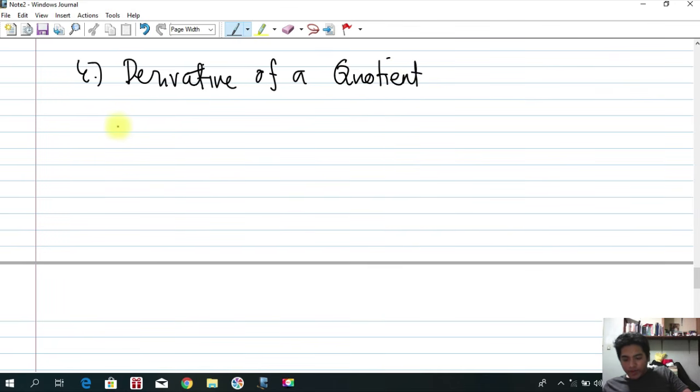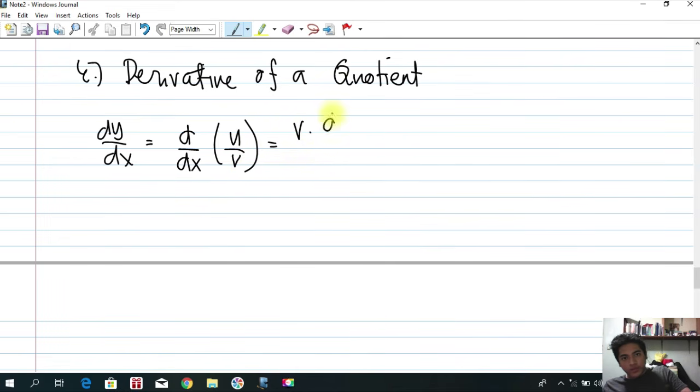So this will be our formula for that. dy over dx, the derivative with respect to x of a function that is in quotient form, is equal to v times du over dx minus u times dv over dx, all over v squared. Okay, so this will be our formula wherein we have the numerator u and the denominator v.